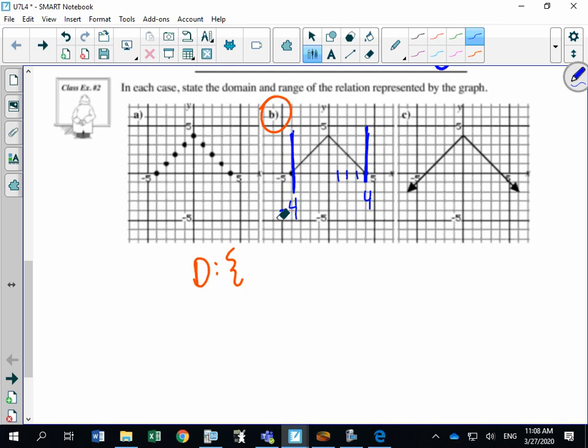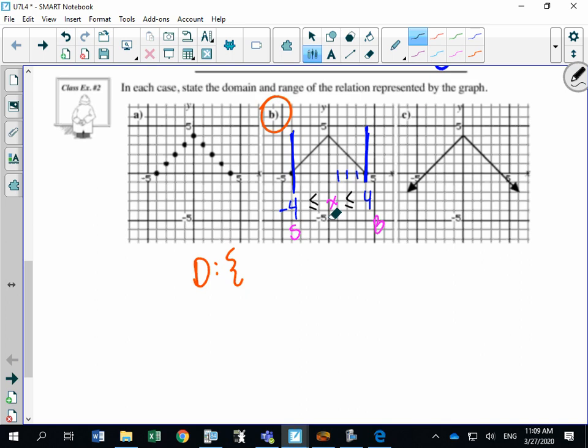So how we write that is we're going to do something called inequalities. And when you have a biggest and a smallest value, you always put the biggest on the right-hand side and the smallest on the left. X goes in the center, and then you draw your inequality signs. So these would be my inequality signs here.